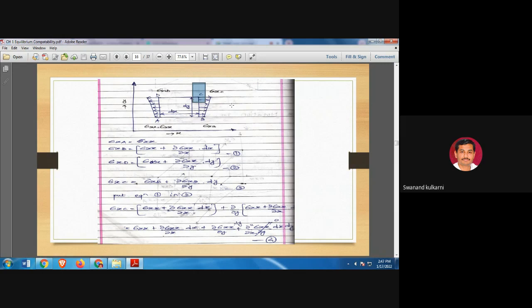Now, for this point C, in order to identify the stress at point C, we are now considering sigma xb as a reference point. Is it okay? Now we are considering sigma xb as a reference point. So with reference to this sigma xb, now we are going to identify the stress at point C. Is it okay?